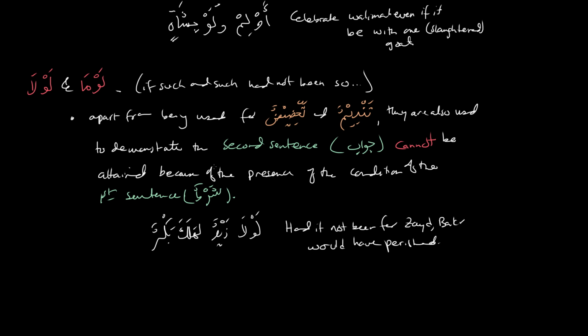So again, let's not rush through this. Apart from being used for tahdid and tandeem, they are also used to demonstrate that the second sentence, the jawab, cannot be attained because of the presence of the condition of the first. So Lola Zaydun, this will not happen.